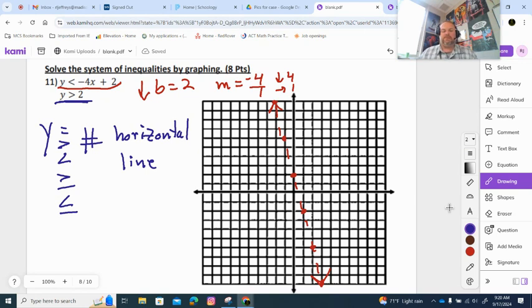All right, so this is at 2. Kind of hard to see it. All right, and this is going to be shaded up. So this is shaded up here. This is down here, so it's kind of this area like so.